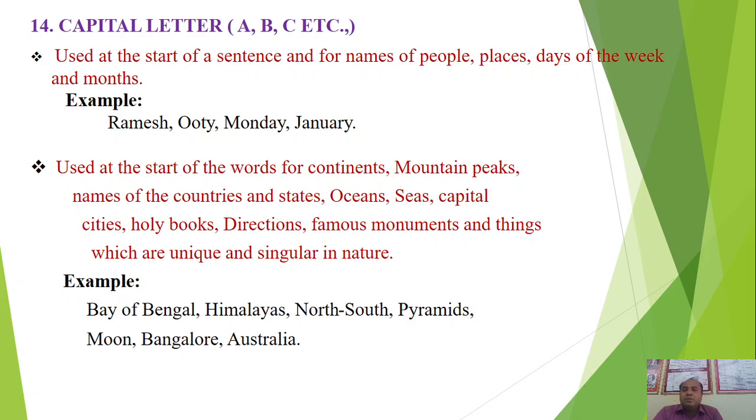Capital letters are also used at the start of the words for continents, mountain peaks, names of countries and states, oceans, seas, capital cities, holy books, directions, famous monuments, and things which are unique and singular in nature. Example: Bay of Bengal, Himalayas, North, South, Pyramids, Moon, Bangalore, Australia. Full stop. So these are the examples where we use a capital letter at the start of a word.